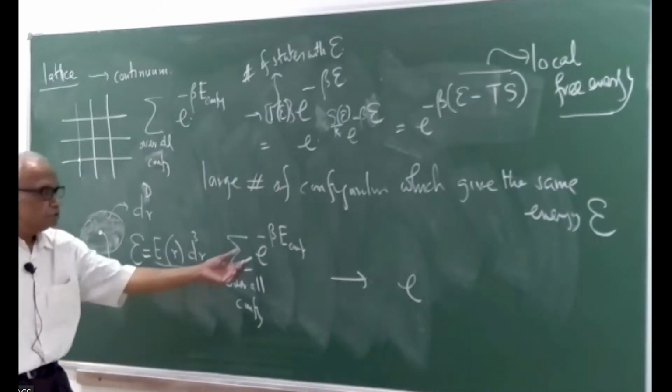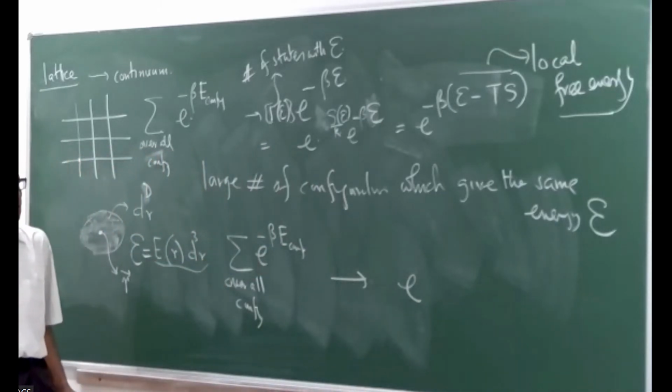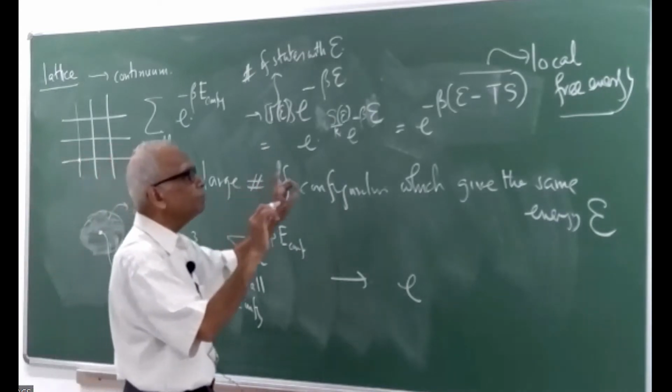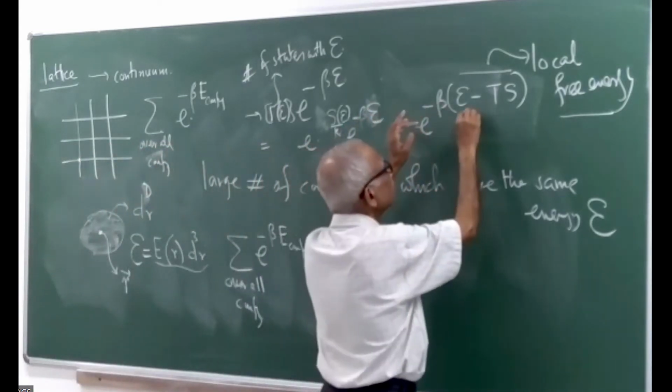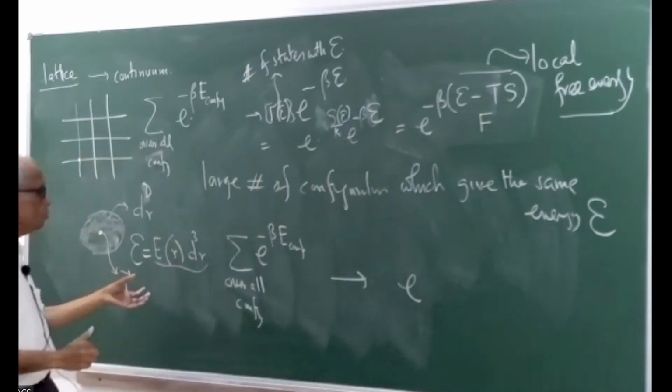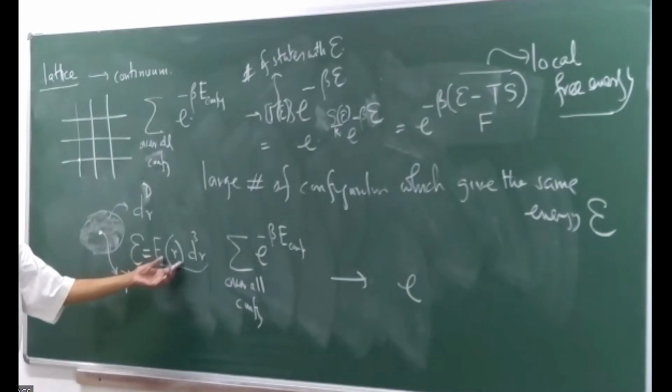Now this is the total energy E. Over here I have to get the total energy. Number 1, I have to talk about a free energy. So this is my F, which is a free energy, and it is a local quantity. It is F of R d3R.